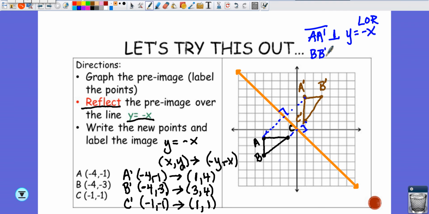Segment B to B prime is also going to be perpendicular to my line of reflection, which is y equals -x. And the segment from C to C prime is also going to be perpendicular to my line of reflection, which is y equals -x. And you know the line of reflection can change every time. It just depends on what it is, and you have to read the problem.